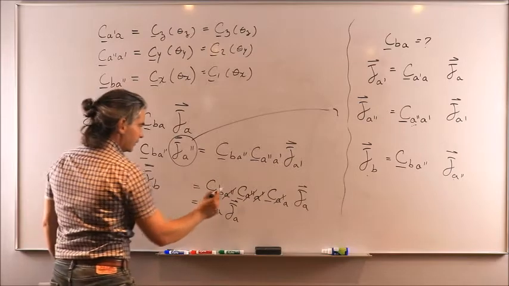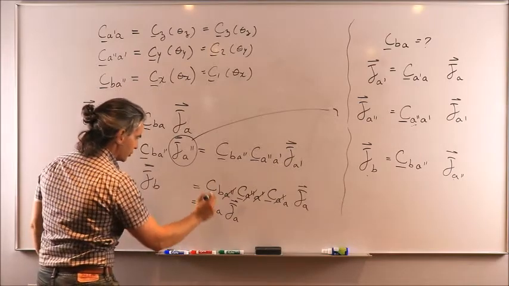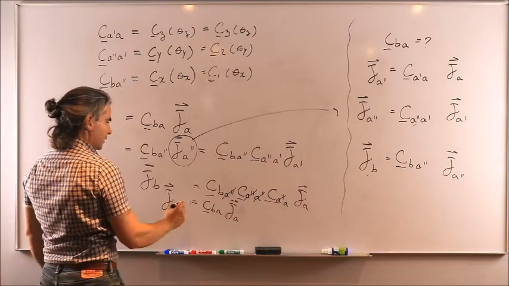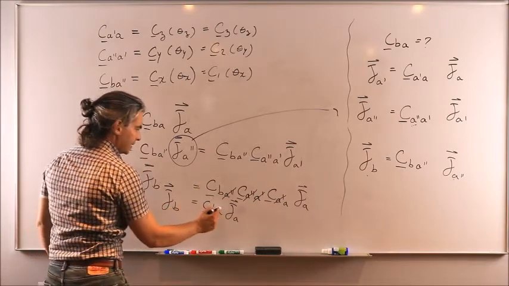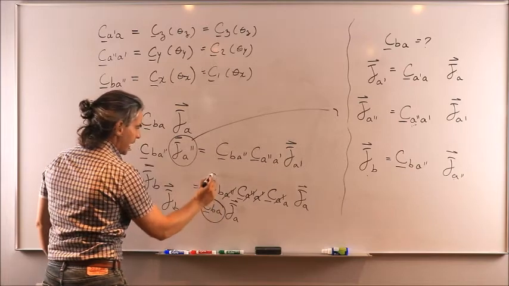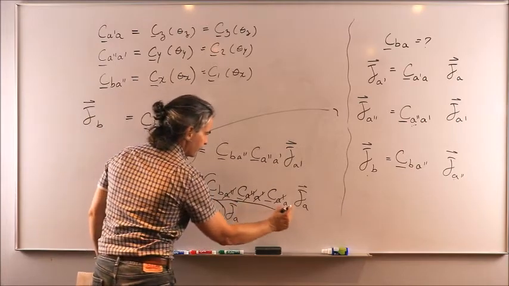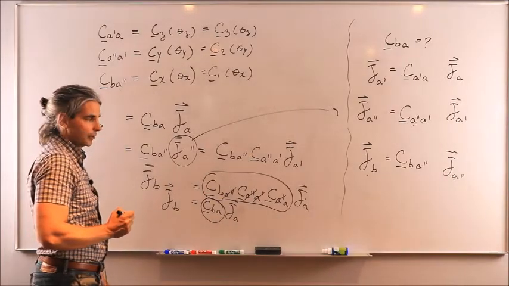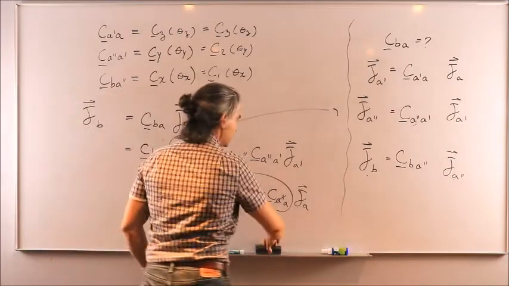Essentially, if you look at those two equations that were both for reference frame B, you can clearly see that CBA has to be equal to the multiplication of these three rotation matrices, correct?